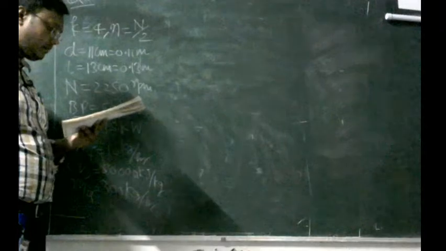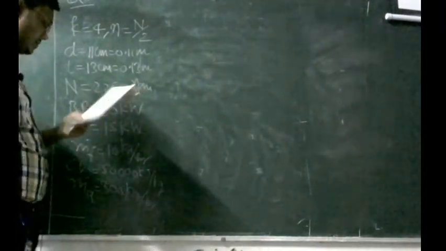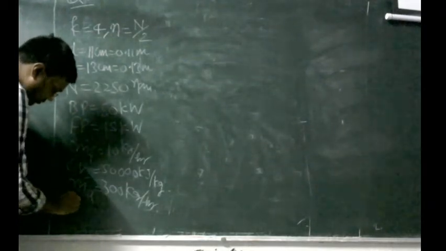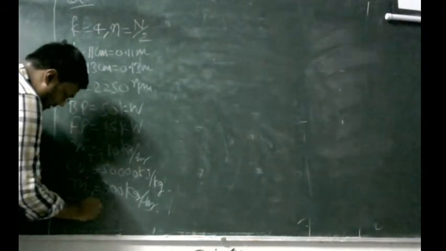Ambient conditions are 15 degrees Celsius, which means temperature is given here. T is equal to 15 degrees Celsius.